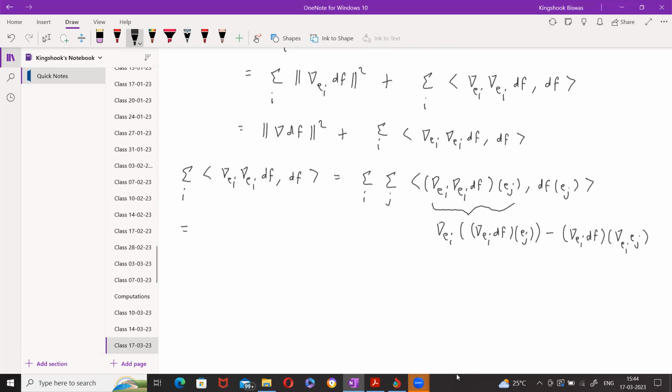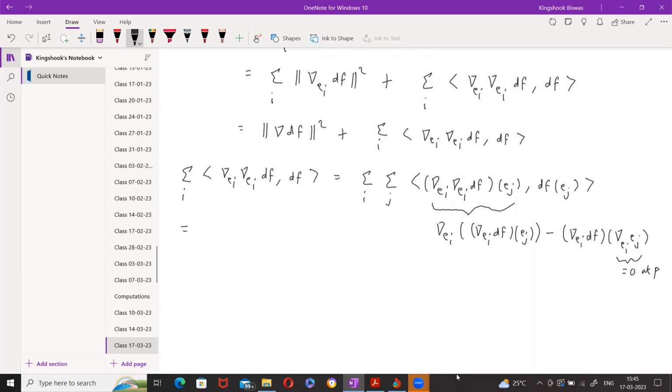Yeah, by the Leibniz rule: nabla e_i acting on this section of a dual acting on this section will be this plus this, so if I subtract this, I'll get this term. Now this nabla e_i e_j is 0 at P, so this term goes away.